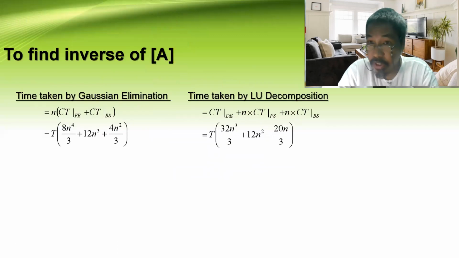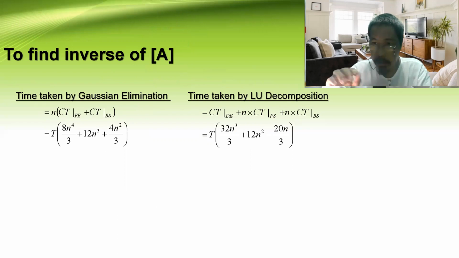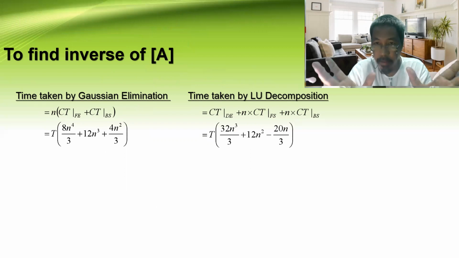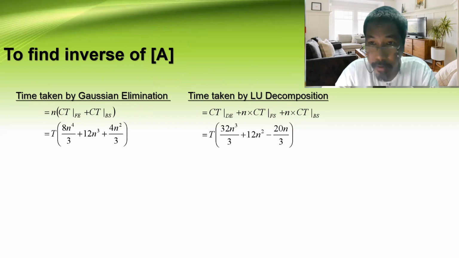So machine meaning computer. We're going to allow a computer or digital processor to do this process. Somebody will program the two and then compare the result. This is how we compute the time.